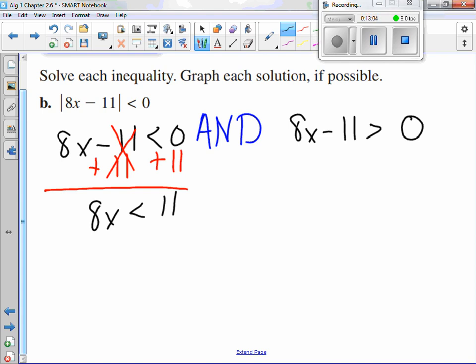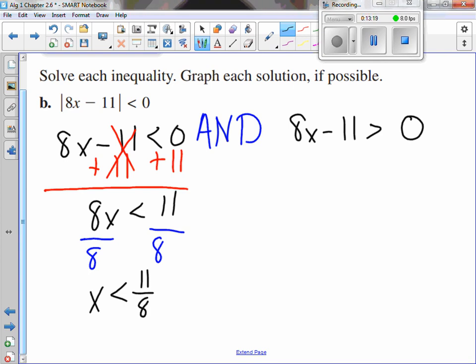Then what do we do? We would divide both sides by 8. And we get x is less than 11/8. And most likely we're going to finish up here.